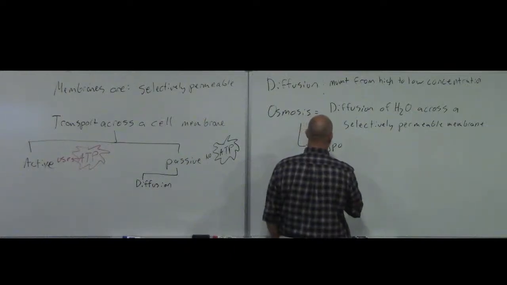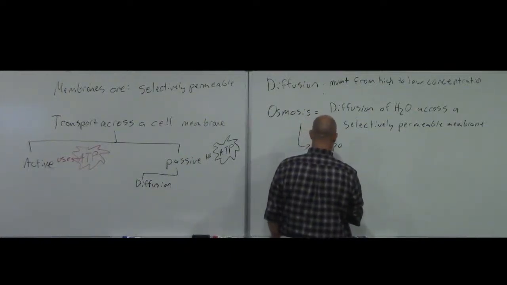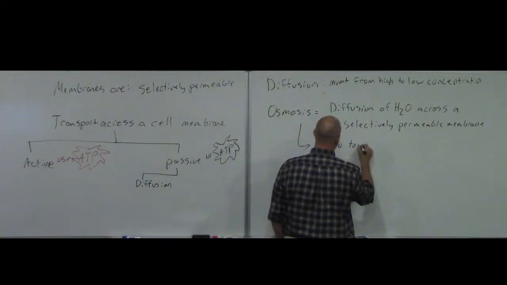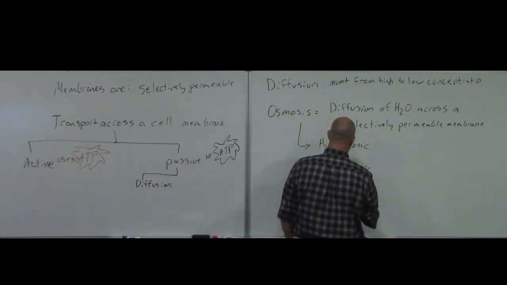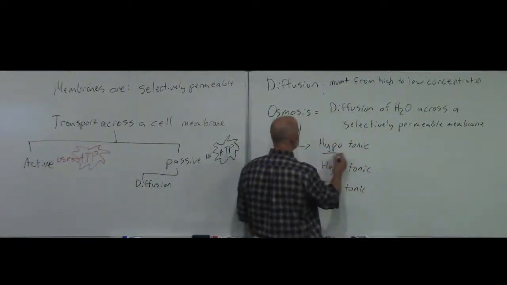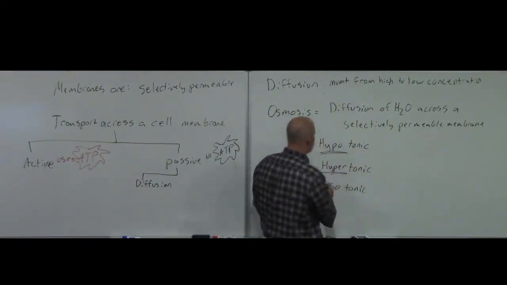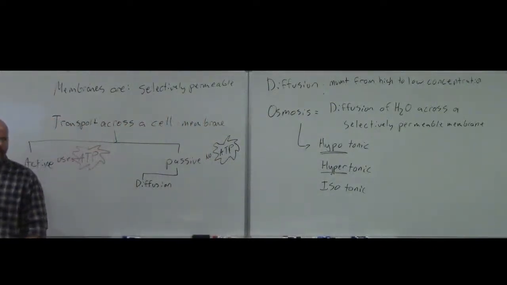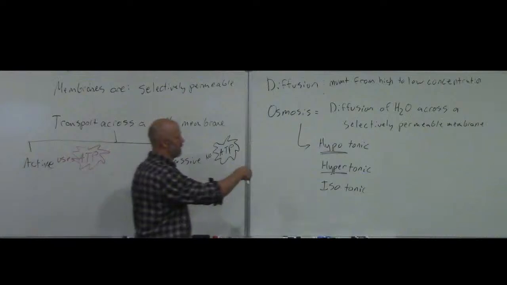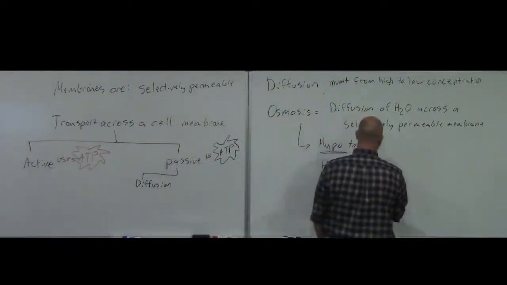hyper, and isotonic. Tonic referring to the concentration of solutes. Hypo versus hyper. Hyperactive, hypoactive. Which one's more active, hyper or hypo? Hyper. So this one has higher levels of solutes.